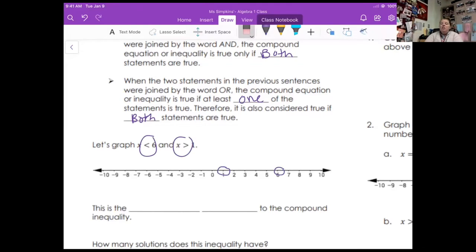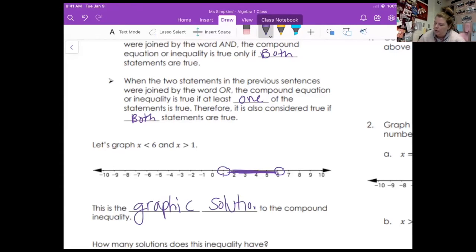And for my answer, it is anywhere in between there. So we're going to shade everything in between the 1 and the 6. So this is the graphic solution of this inequality.